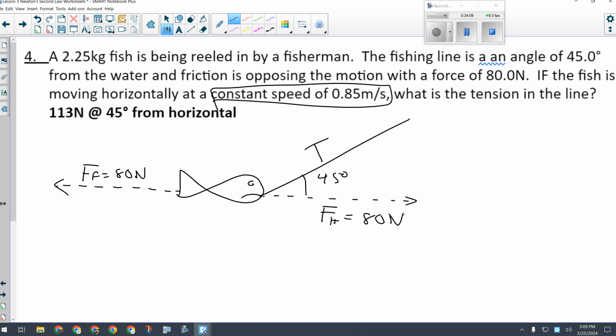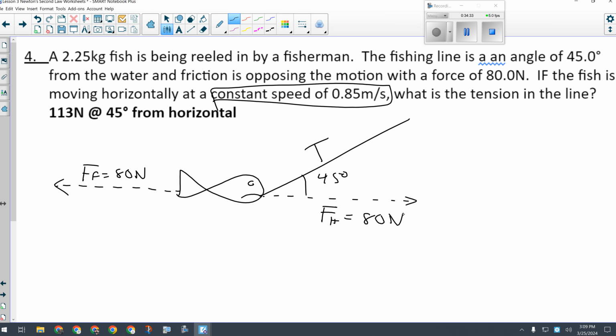And once I know that, I can use it to get the tension in the line. It's another one that doesn't involve a lot of work, but it involves a fair amount of insight. Being able to make that connection that because the net force is 0 and the fish is moving horizontally forwards, the force forward and the force backward, and you're given the force backward, must be equal.